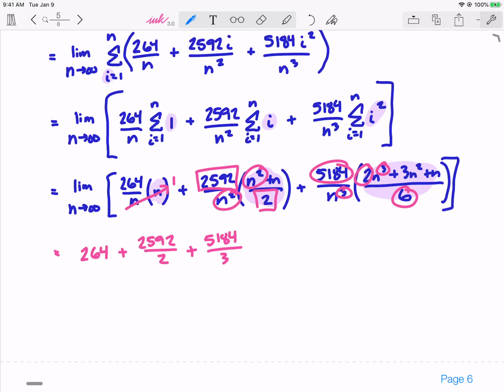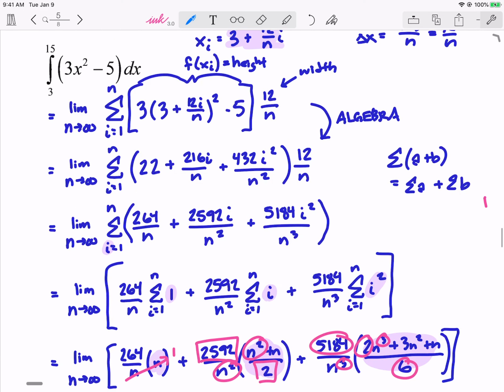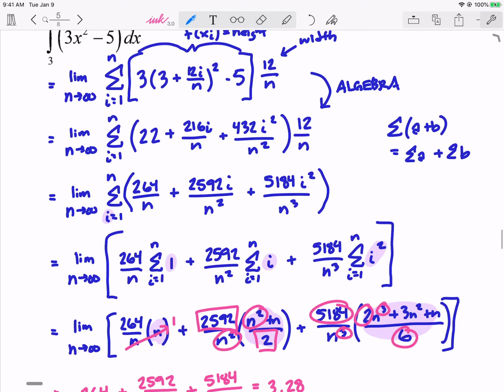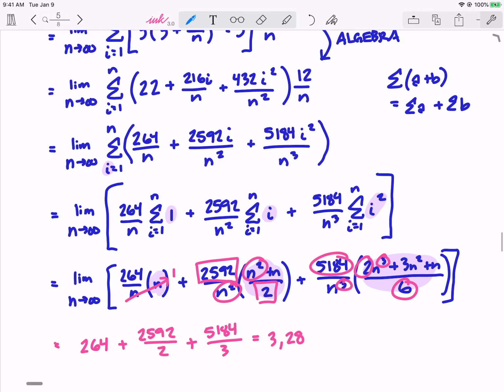And what you will find is that it equals exactly 3,288, which is the exact result we were looking for. Okay? So there's a lot of information here, and I just wanted to show you that it all isn't hoodoo magic. And if you stay tuned for another video, I will show you where these three formulas come from.